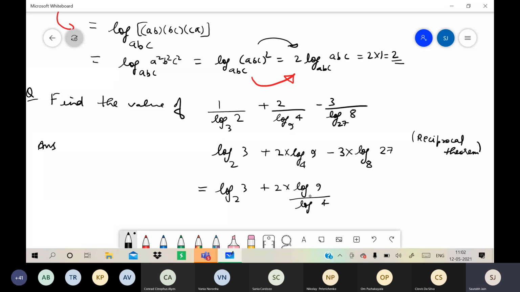Here we can take base 2 in the same terms. Base changing here. Again we can take base 2, because there is base 2 in this first term, that is why. Now 2, 4 and 8, they are all related to 2, that is why. So base changing theorem.